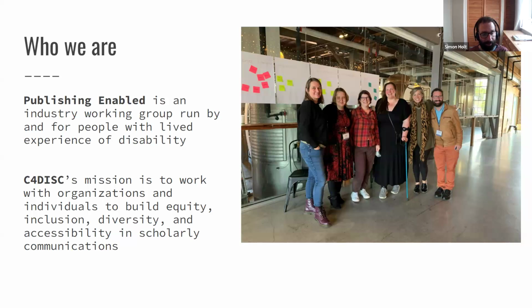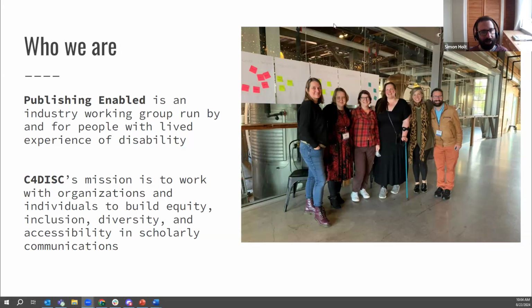I'm a visually impaired person, and I've worked in scholarly communications for about 15 years. I currently work with the science publisher Elsevier, and I'm responsible for helping make our books and journals more accessible to people with disabilities. As I said, Karen and Erin will introduce themselves shortly.